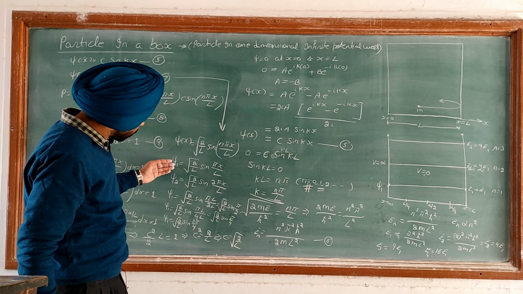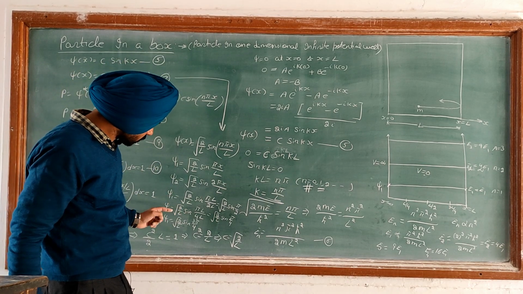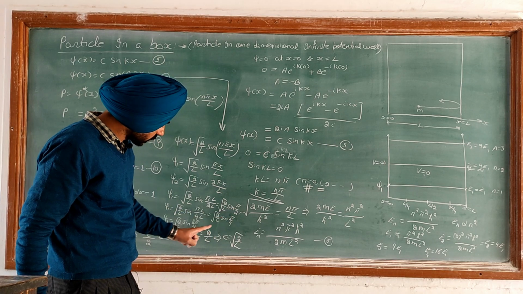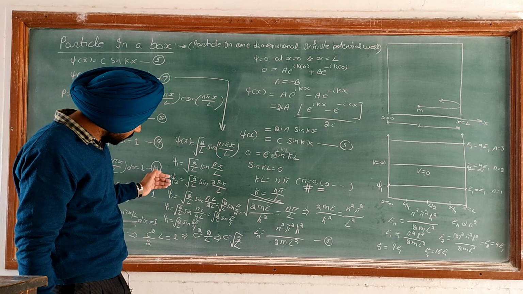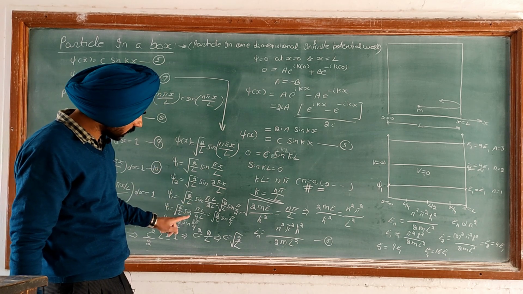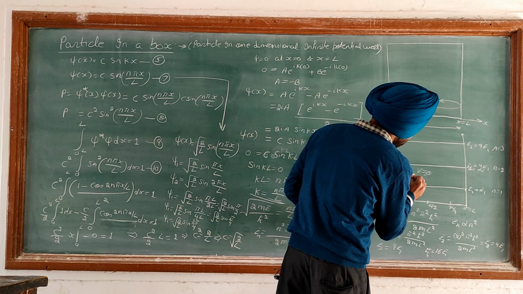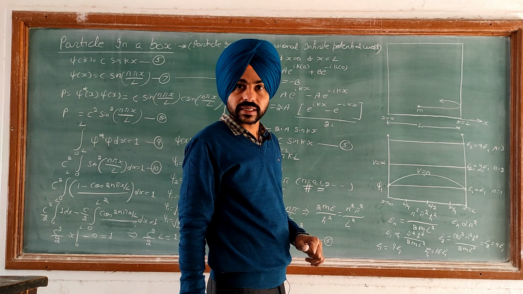Psi 1 at x equal to 0 and x equal to L is 0, then it increases to pi by 4, pi by 2, and then 3 pi by 4 and then pi. That means the behavior of this wave function is sinusoidal. So this is like this. So this is psi.